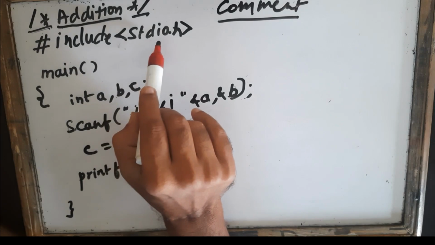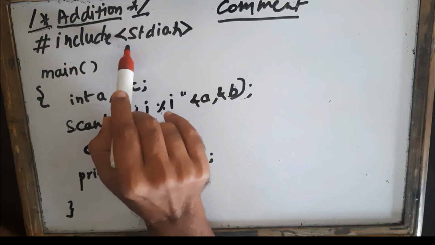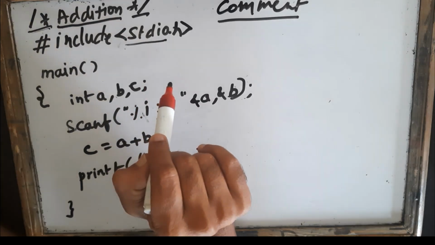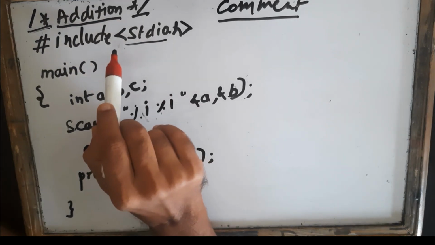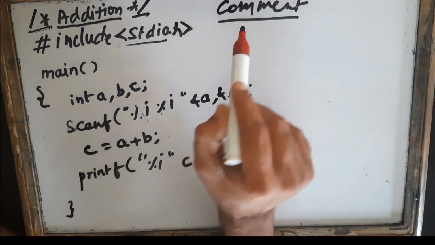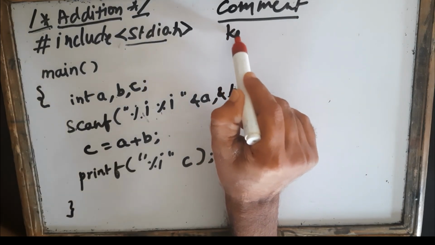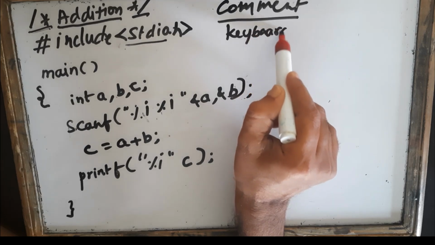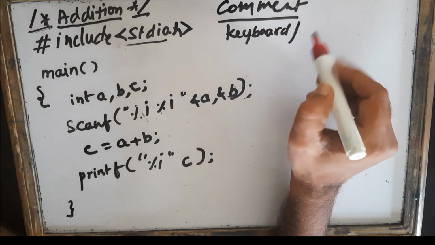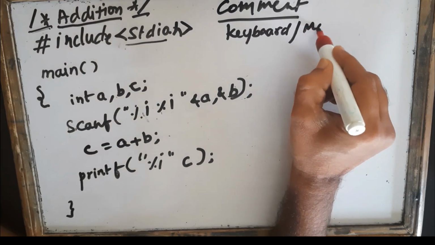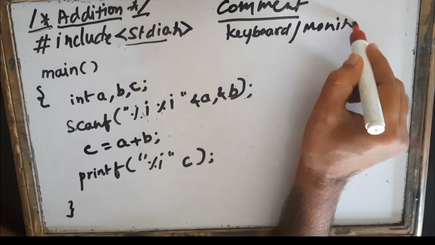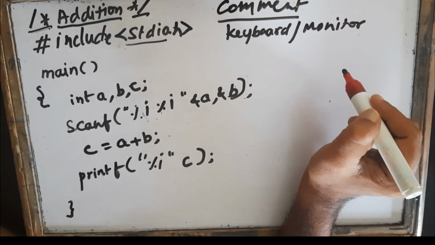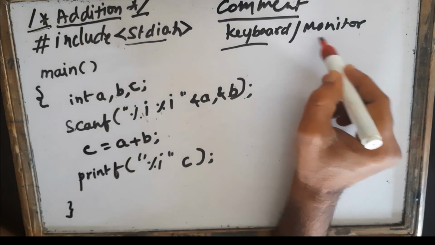This is the standard input output library, which will be included. This is a very mandatory line for the keyboard read and for the monitor display, keyboard input and monitor display.